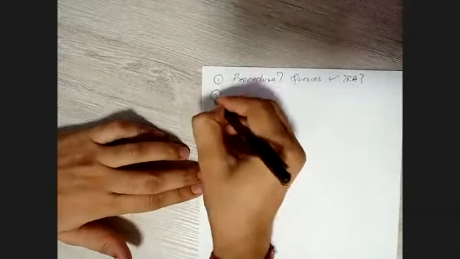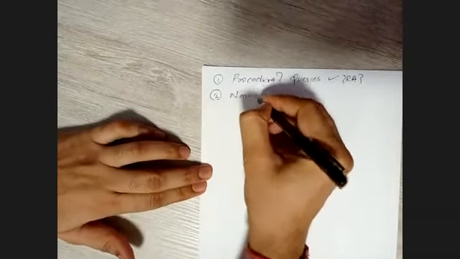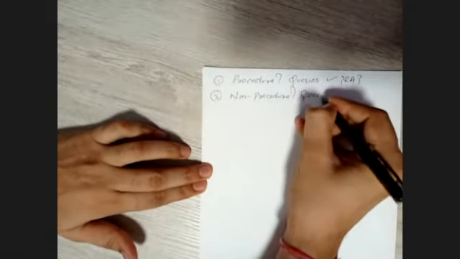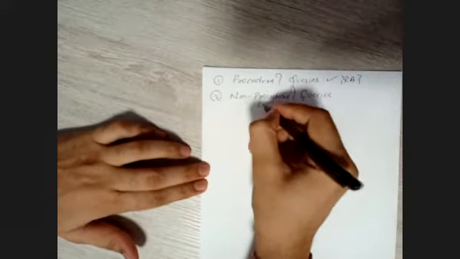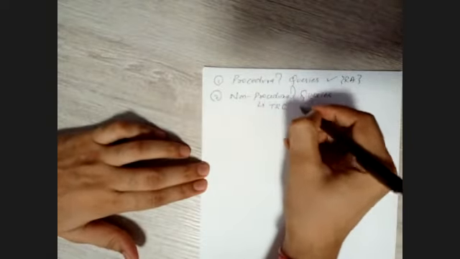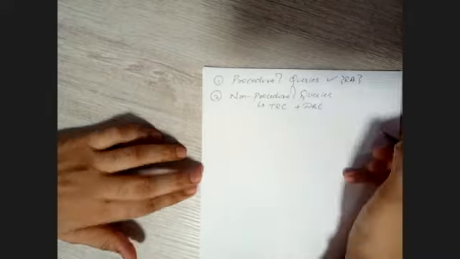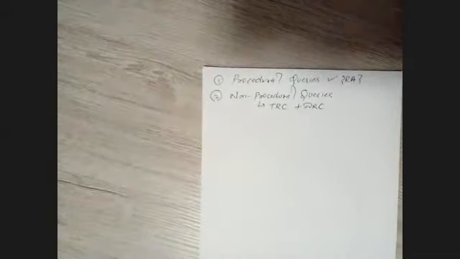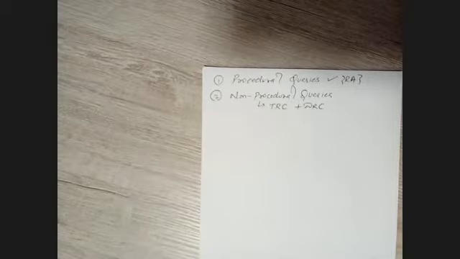The second one is non-procedural, and in this part we have TRC plus DRC. These are calculus. We have already covered the basic difference between these two procedural and non-procedural queries, but we can revise both of them again.